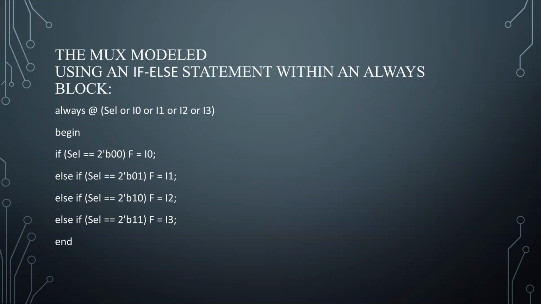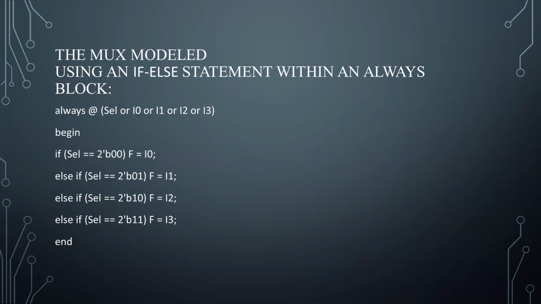Next, we are going to see how to use the sequential if-else statement with an always block to design a 4x1 mux. Here it is the same: always at SEL or I0 or I1 or I2 or I3, and then we begin the always block. First we say if SEL is equal to 2'b00, then the function will be I0.